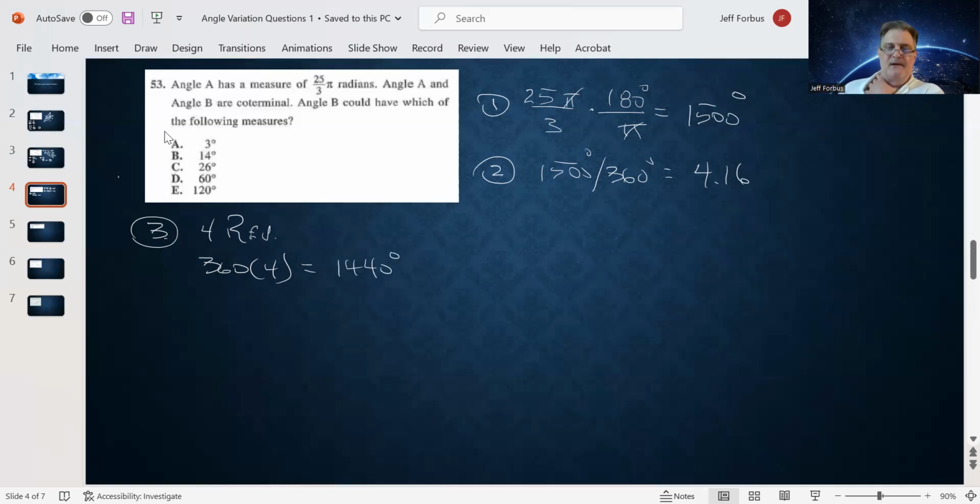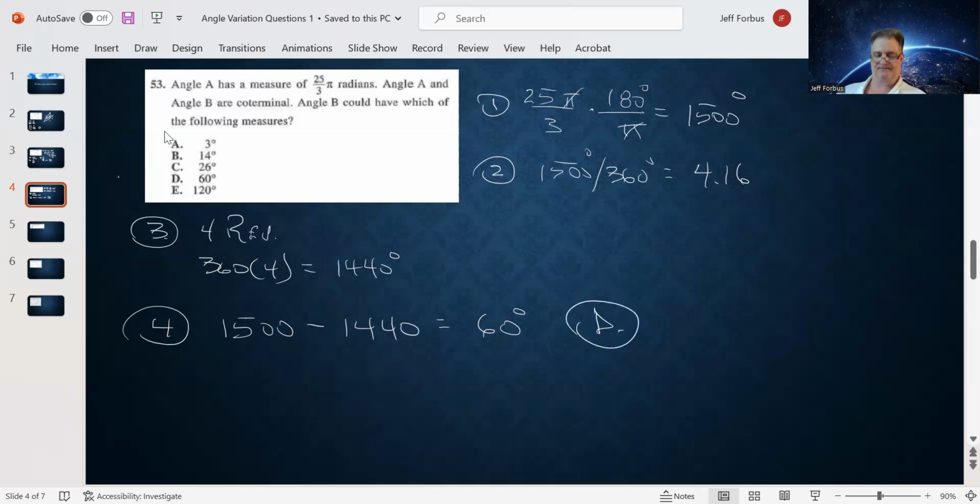So that's not 1500, but the difference between the 1500 and the 1440 gives us what was remaining, the 0.16. So the difference between the two is 60 degrees. So that 0.16 of the 4.16 revolutions is 60 degrees, which is going to be answer choice D. Okay.